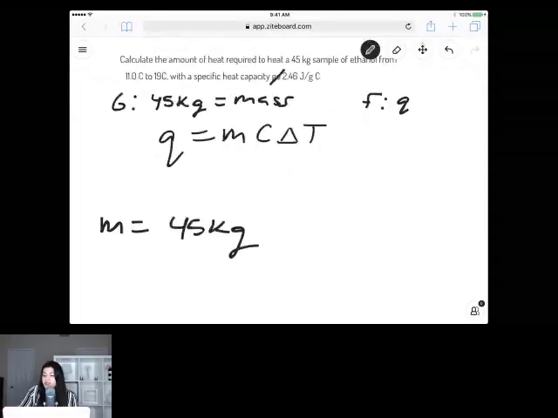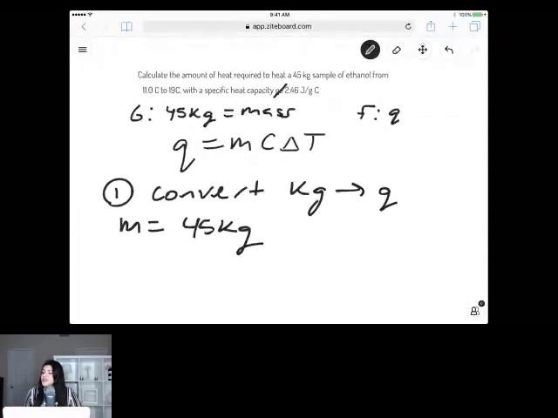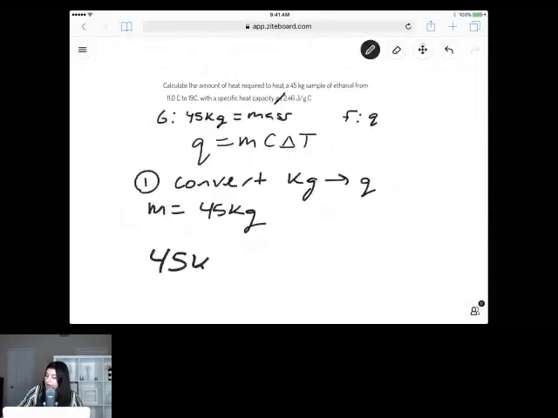So what you need to start with first is convert your kilograms to grams. And this actually is a little bit of the metric system here. So that is going to absolutely always be our step. Always make sure that all of your units are correct. So mass has to be in grams. I mentioned that already. So I'm going to go ahead and convert that. 45 kilograms to grams.